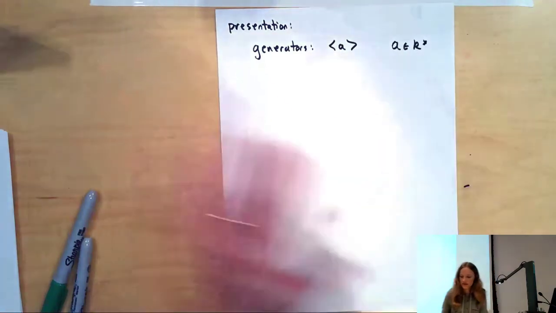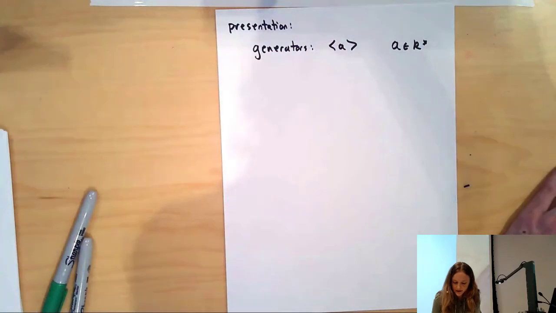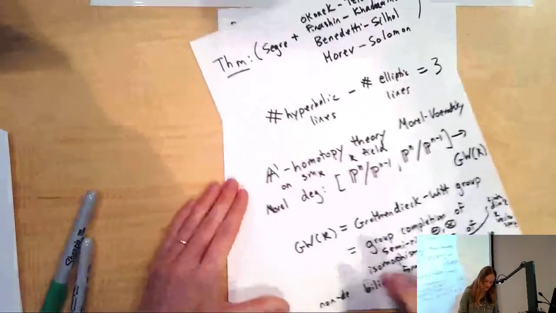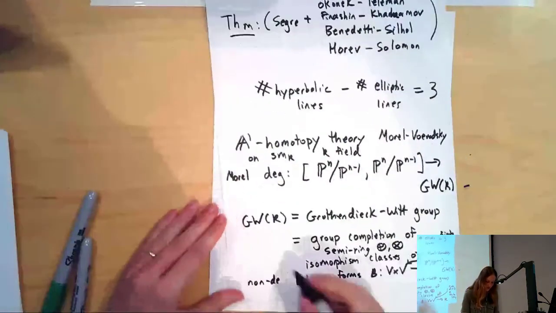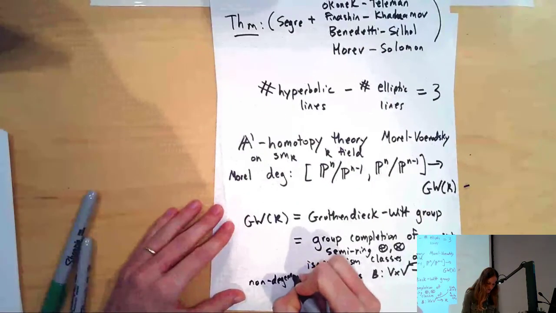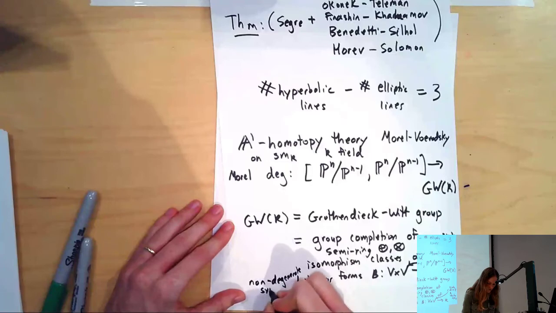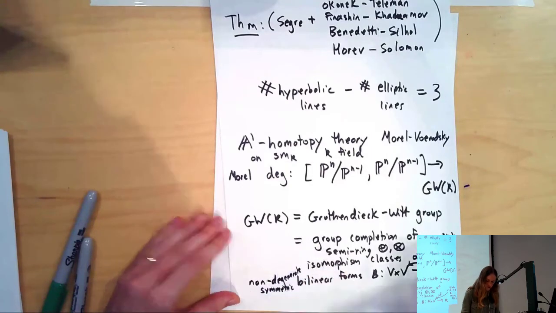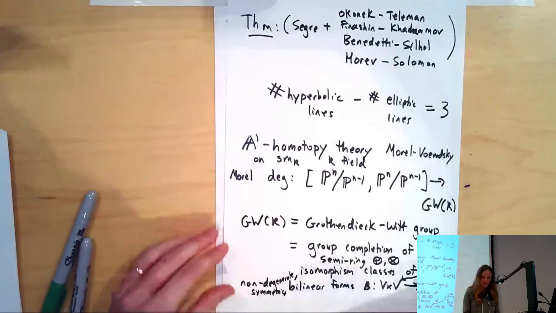And I forgot, isomorphism classes of non-degenerate, symmetric, bilinear forms.